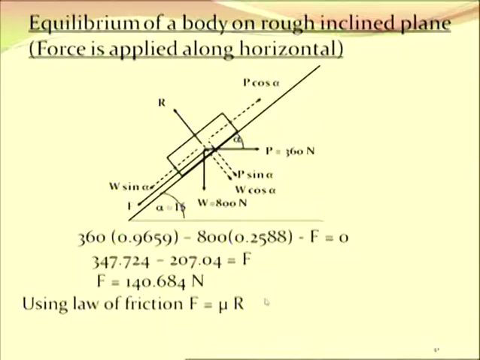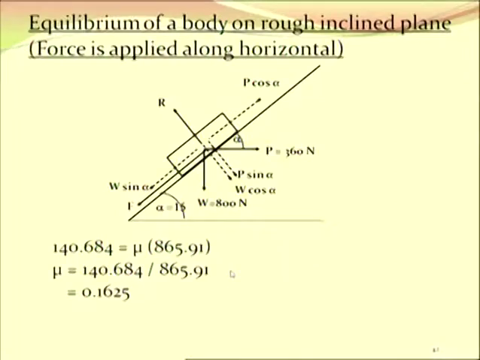Now we know the law of friction. So the law of friction is mu is equal to F upon R, or F is equal to mu into R. So putting in the values of F and R, we have F as 140.684 and R as 865.91.